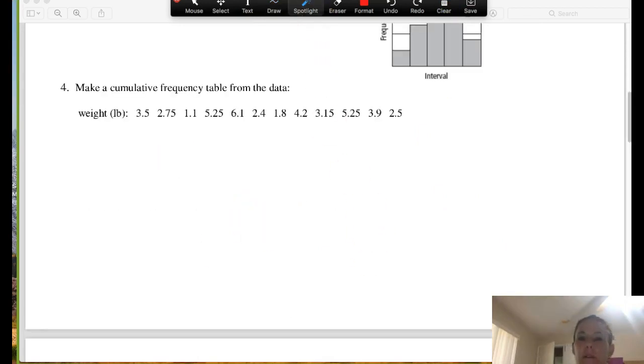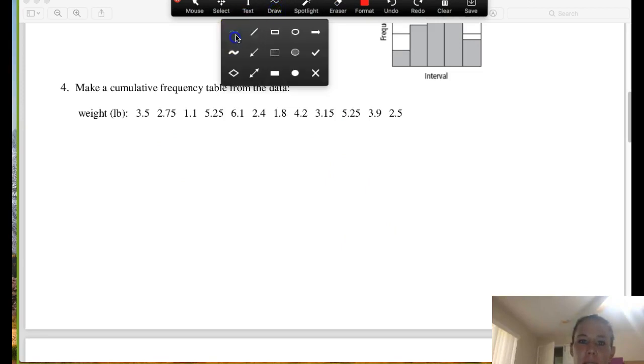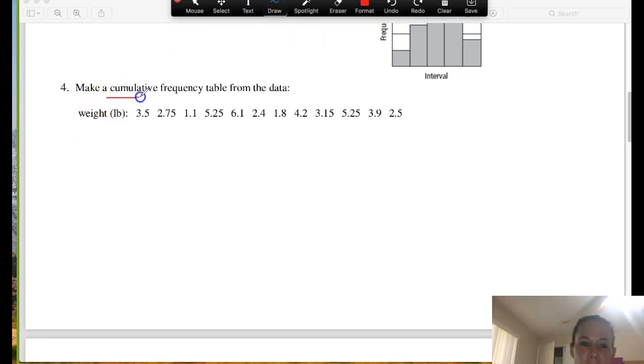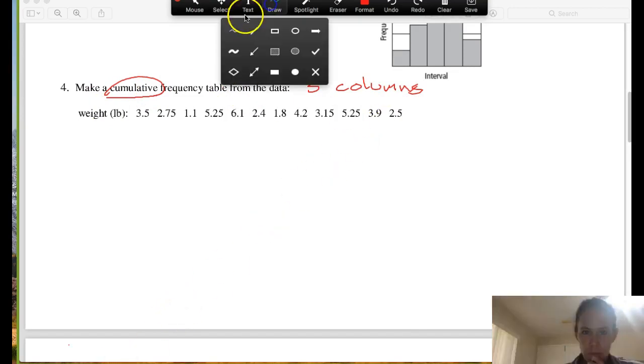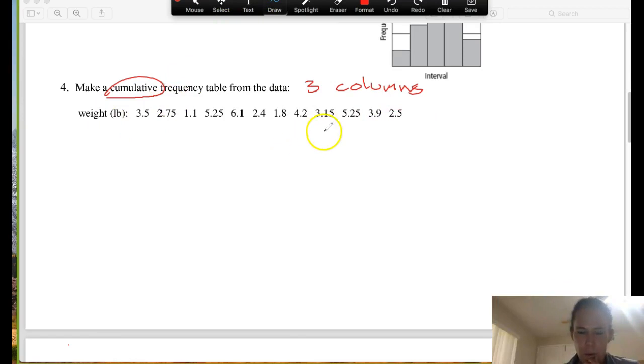All right, a cumulative frequency table really isn't that different from a regular one, except you're going to add an extra column. So remember, you should have 3 columns, with cumulative frequency. Let's look at your data points. It looks to me like 1.1 is your smallest data point, and 6.1 is your biggest data point.